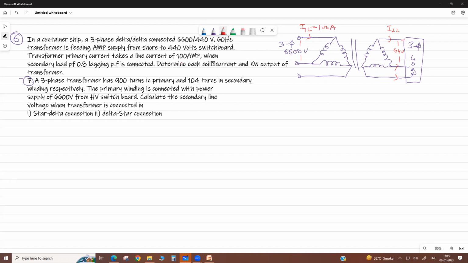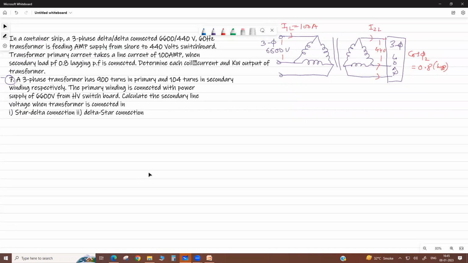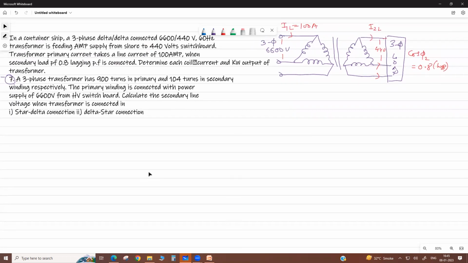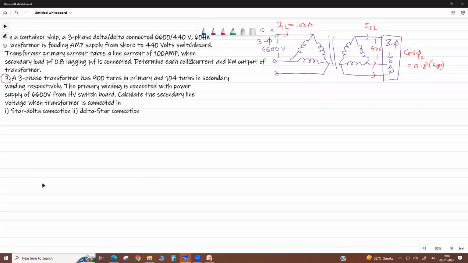Then he asked to determine the each coil current and kilowatt output of the transformer. The secondary load power factor is given: cos phi 2 is 0.8 lagging.